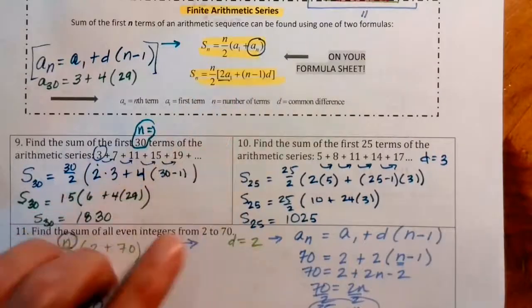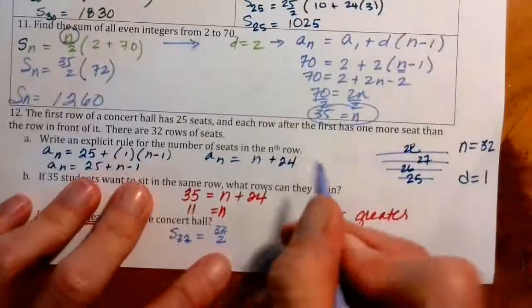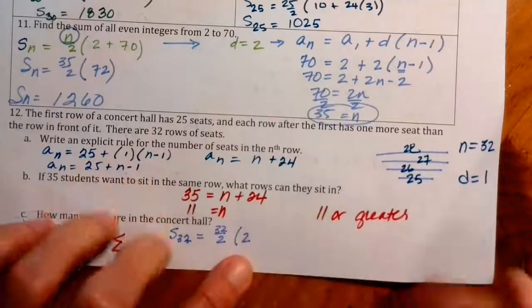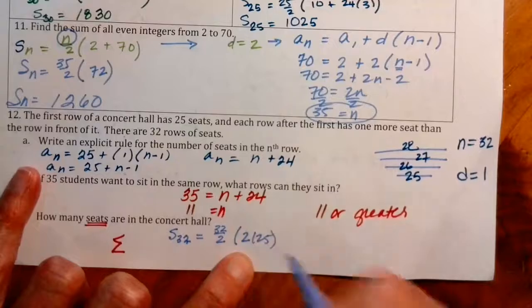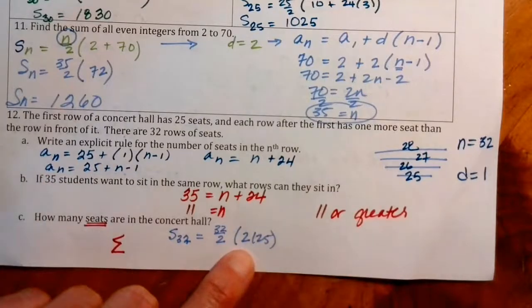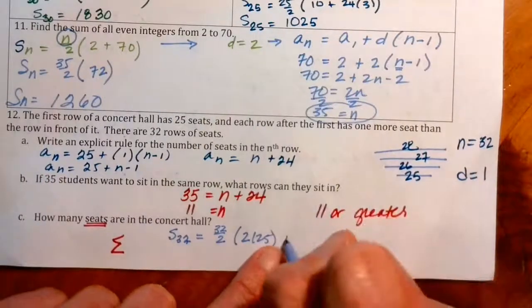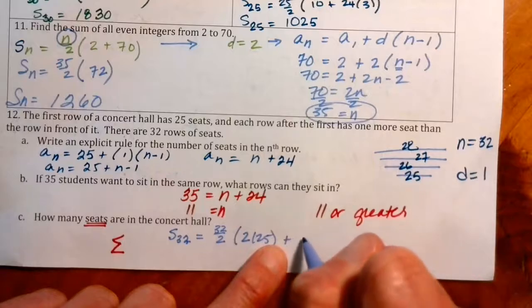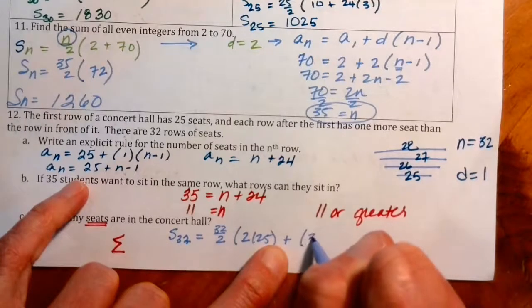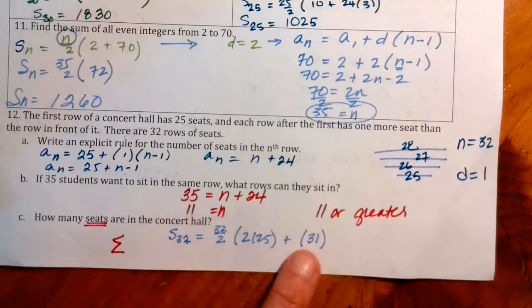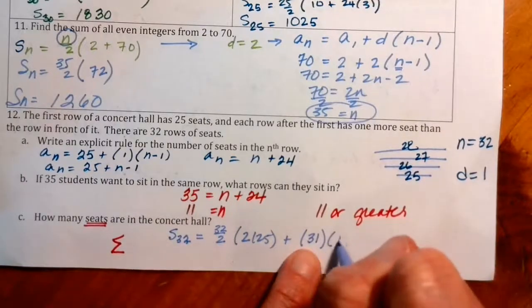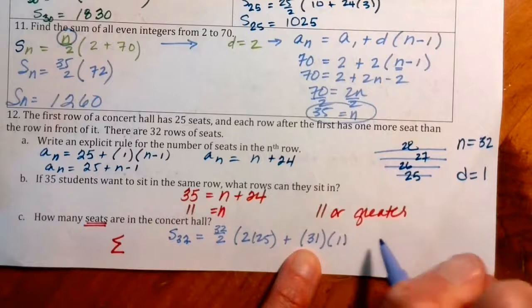I'm using this formula here. That's times twice my first amount, which is 25 seats, plus my n minus 1, so 32 minus 1, which is 31, and then times my difference. My difference is, of course, 1.